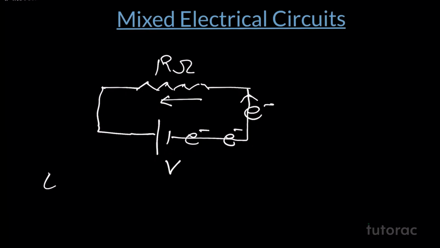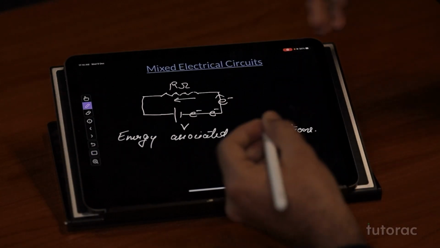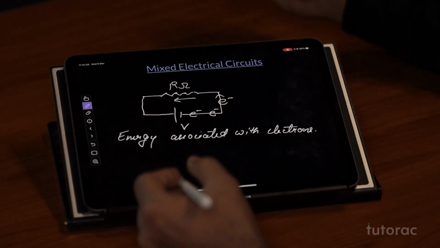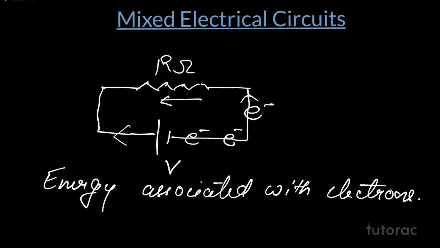The only thing that will change is the energy associated with the electrons. So an electron will go through the resistance, lose some amount of energy, and then again come and gain the energy. And the current we define is directly opposite to the flow of the electron. Let's say the current is I. From Ohm's law, we can directly write V equals IR.